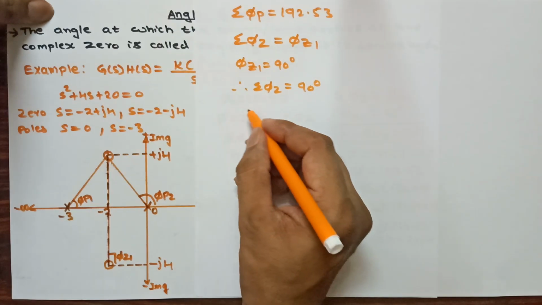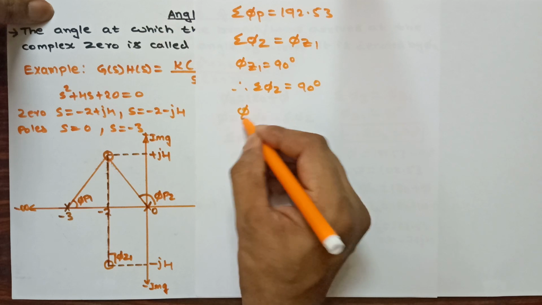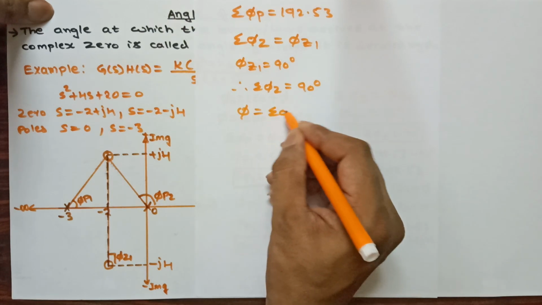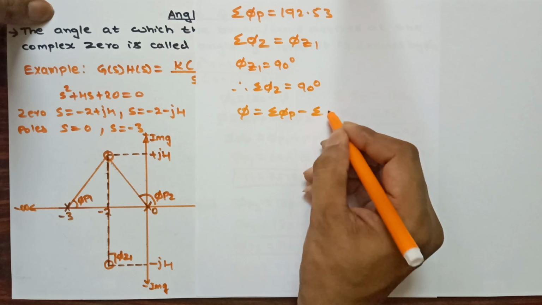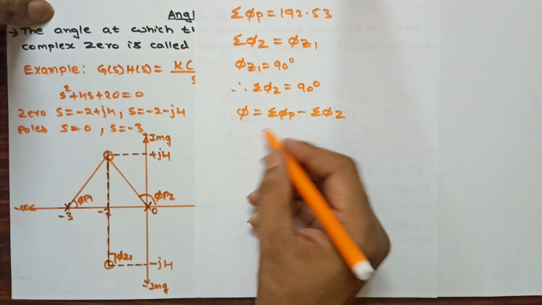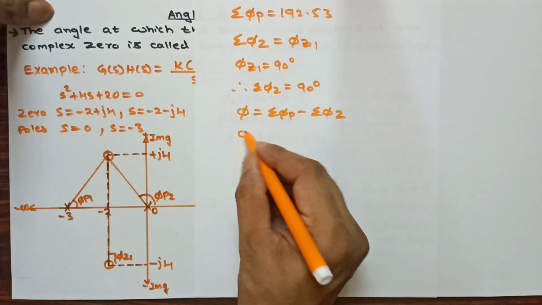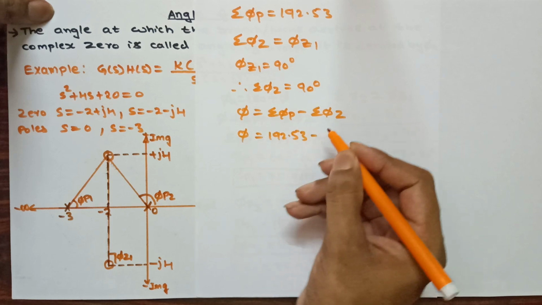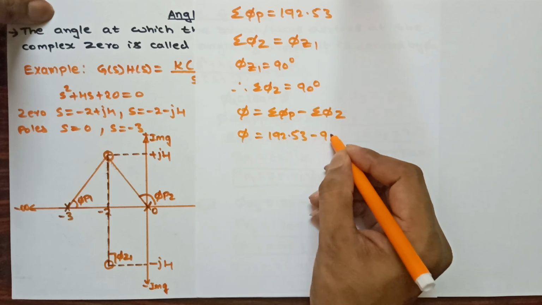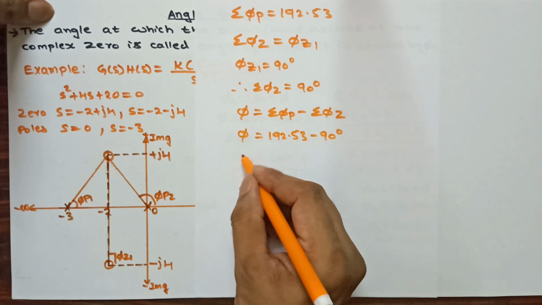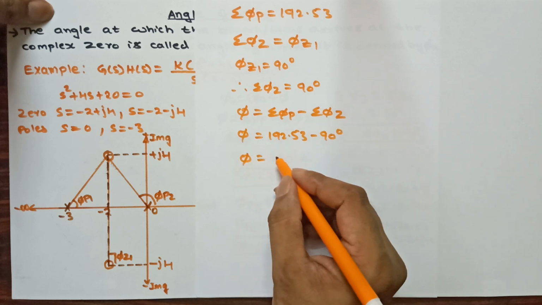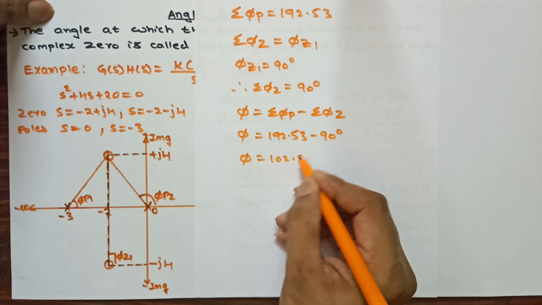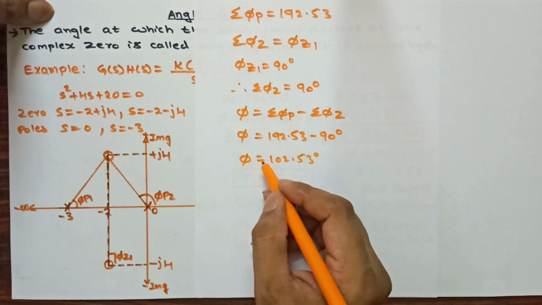Now we are going to substitute this in the phi formula, that is phi is equivalent to summation phi p minus summation phi z. Now we know that summation phi p I got 192.53 minus summation phi z I got here 90 degrees. Therefore phi is equivalent to 102.53 degrees. So this is phi I got.